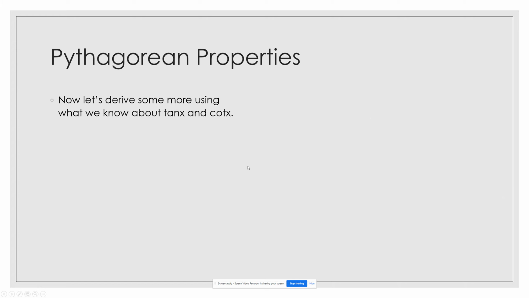Okay, so let's derive some more. We are going to start with our basic Pythagorean property, and now we're going to use what we know about tangent of x to derive another one.